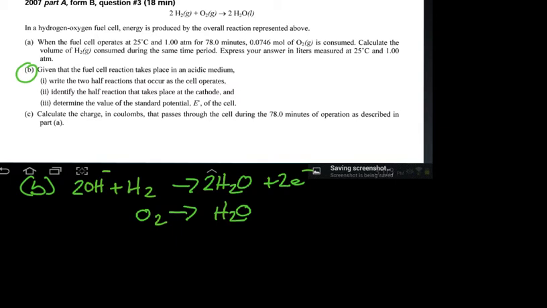Although it's done in acidic medium, so we might need to fix the OHs in just a minute. The other thing is the oxygen half reaction according to the reduction potential table has oxygen plus 4 H pluses plus 4 electrons, and it goes to 2 waters.